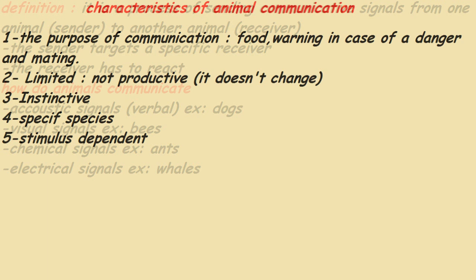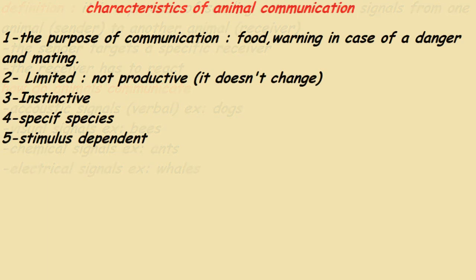Now we move to the characteristics of animal communication. We should start with the purpose. The purpose of animal communication is either for food, warning in case of danger, and mating. And the second characteristic is that we define it as being limited, which means it is not productive.